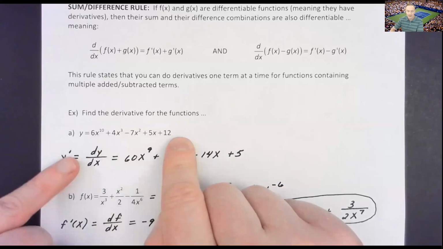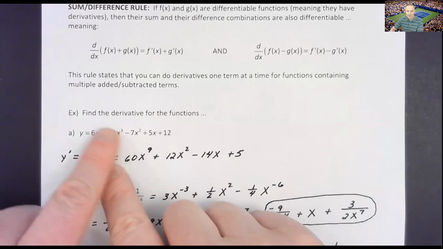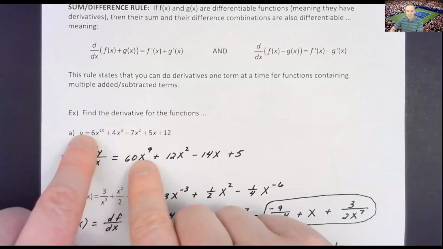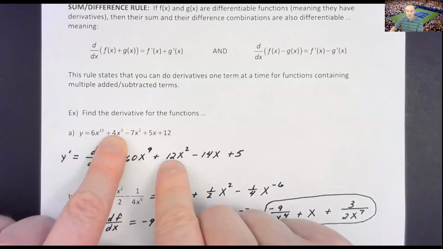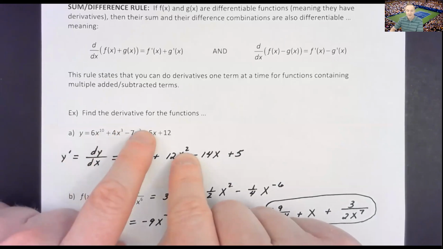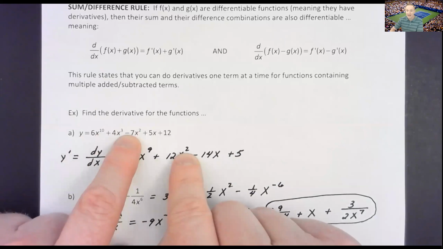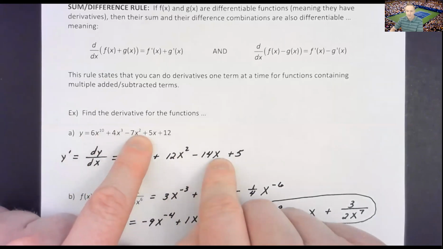So I'll just go in and say, well, the derivative, whether I call it y prime or dy dx, the first term, 6 times 10 is 60. Drop the power, x to the 9th, plus 4 times 3 is 12, x to the 3rd. Sorry, x to the 3rd becomes x to the 2nd. Drop the power. 2 times 7, I'm going to get a minus 14. Drop the power on x squared to give me x to the 1st.